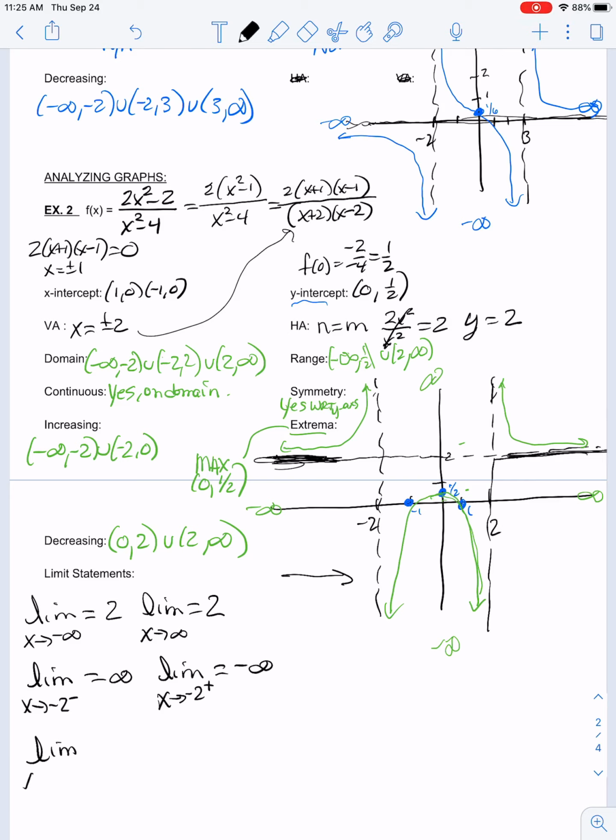The limit as x goes to 2 from the left, we're coming down, so negative infinity. And finally, the limit as x goes to positive 2 from the right, our graph is going up to infinity. All those statements verify the HAs and the VAs are correct.